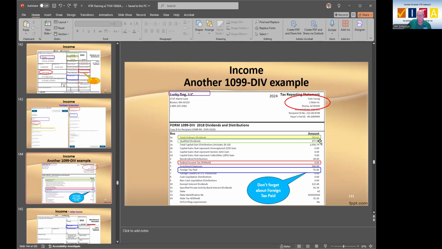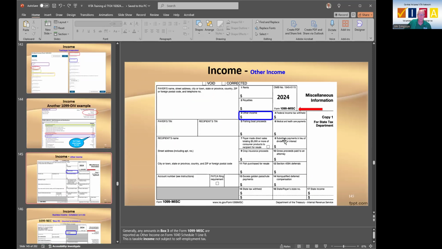Well, they're dividends that get taxed at a different rate than these dividends. They're a part of ordinary dividends. This is a subsection of it, but TaxSlayer knows how to handle that. And then they calculate the tax at the lower capital gains tax rate. Always be sure to look for total capital gain distributions. And don't forget foreign income tax paid.